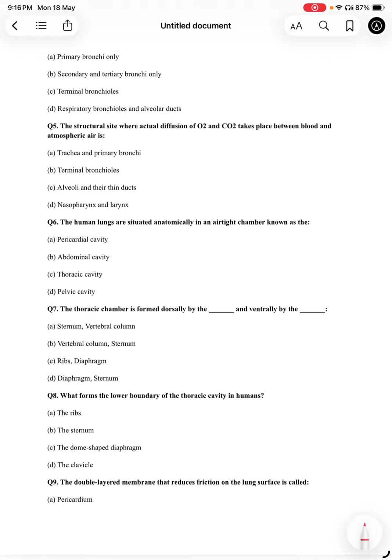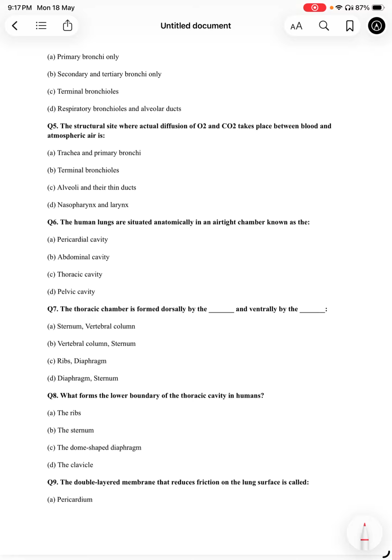Whereas it is present in trachea, primary bronchi, secondary bronchi, tertiary bronchi, and initial bronchioles up to the terminal bronchioles, but it is not there in respiratory bronchioles and alveolar duct.